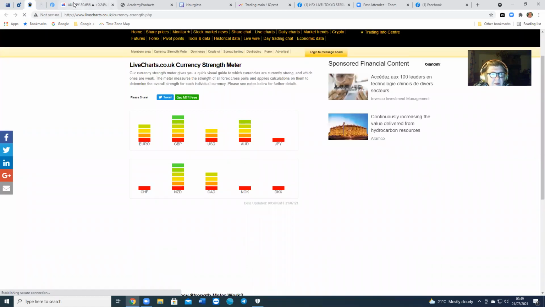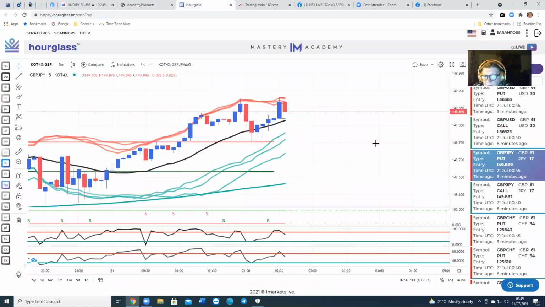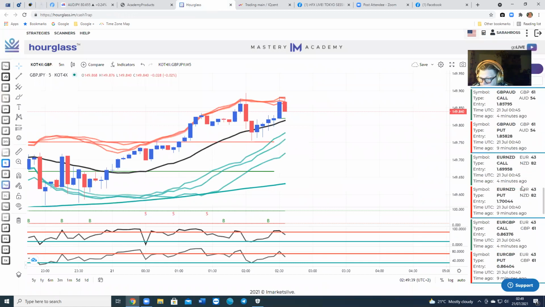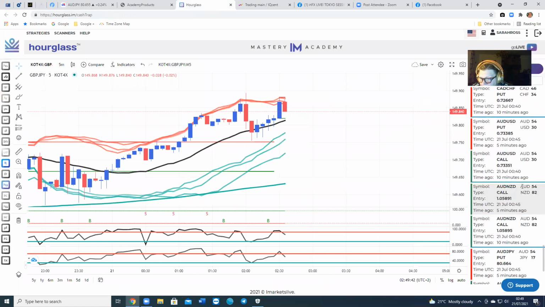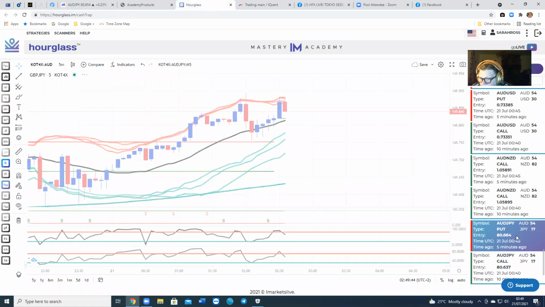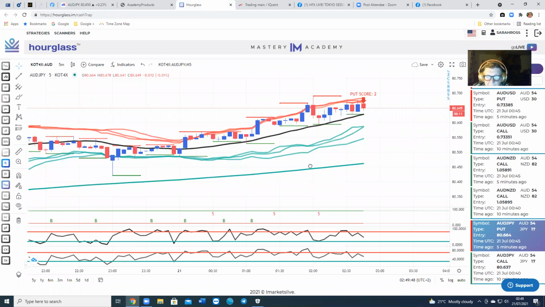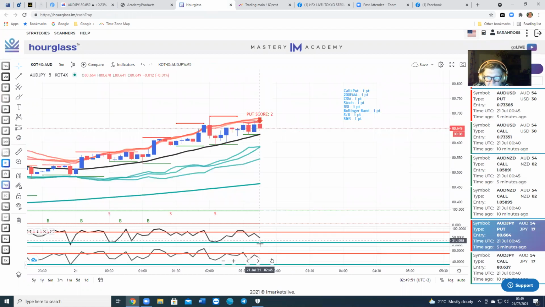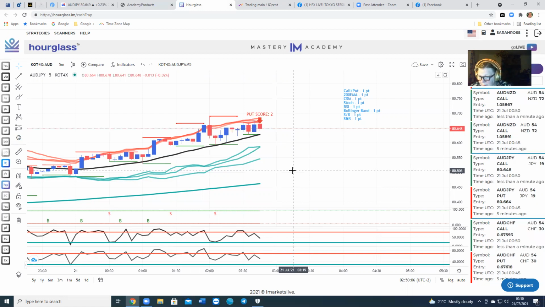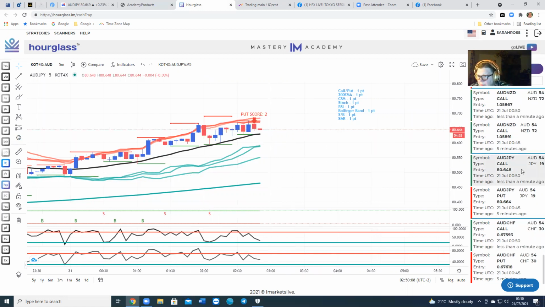Might be better just to stick with this, as we're in the zone with it. Just can't get these lines down enough. Going to give us a new signal. It's given us a call at 648.